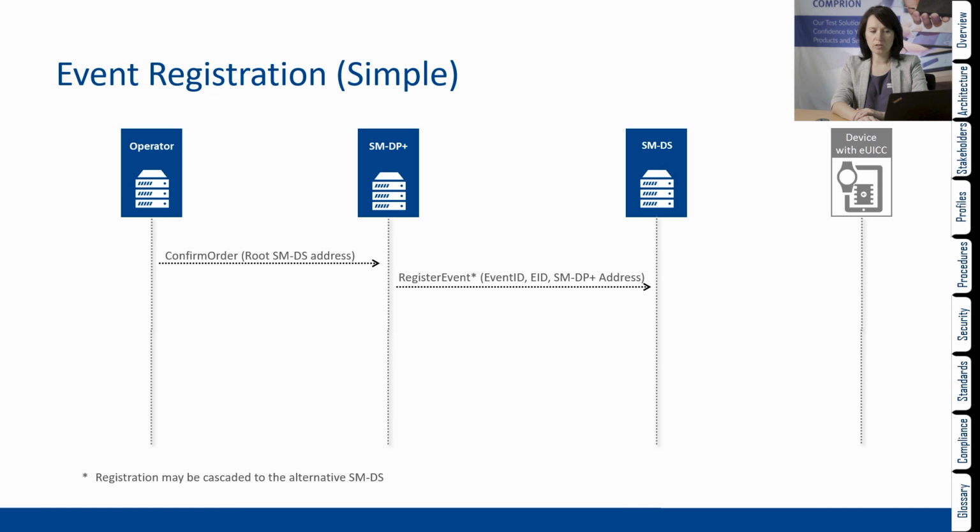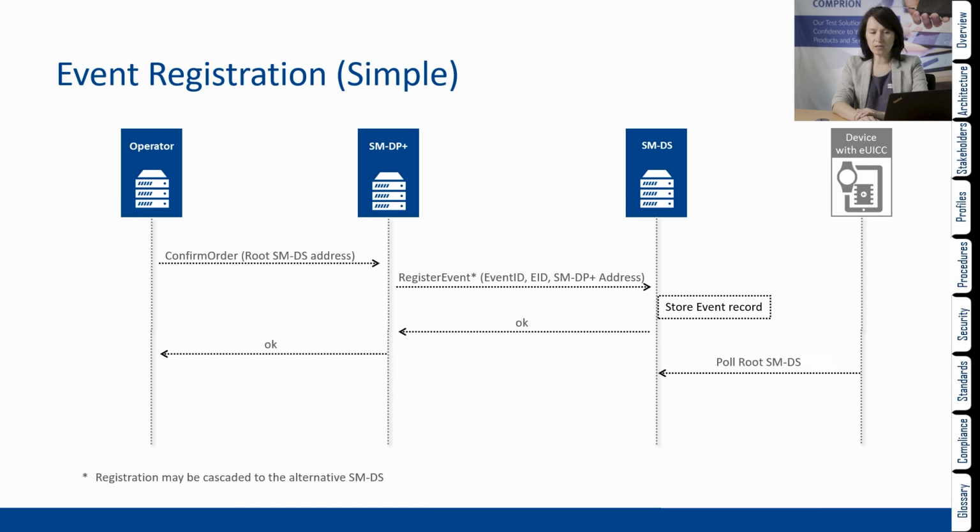So you see this registration may be cascaded, not directly going to the root SM-DS, but first going to the alternative SM-DS and then towards the root SM-DS. The SM-DS itself will store the event record for this and send a confirmation back to the SM-DP+ and then to the operator.